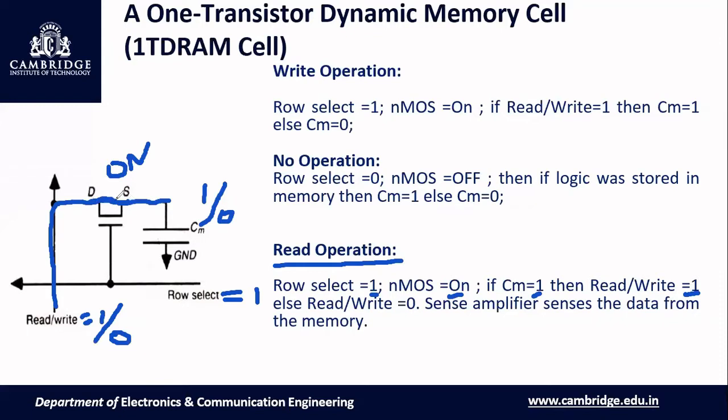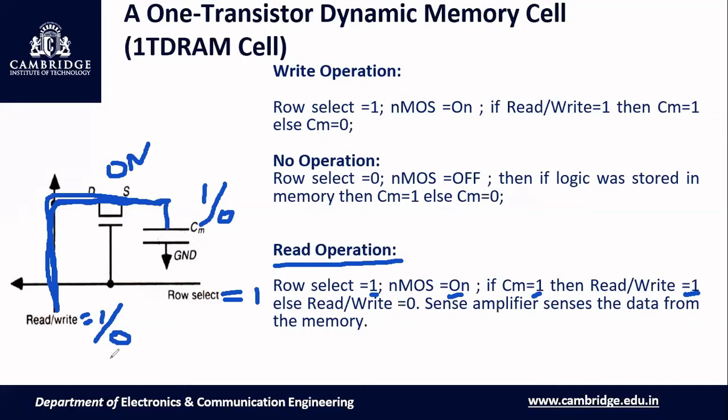When this transistor is on, whatever charge you had in this capacitor, that will be read. Your read or write line will be having the data. If CM was having 1, we'll get 1. If it was having 0, you get 0. The current will flow from source to drain of this transistor and you'll get read or write equal to 1 or 0.